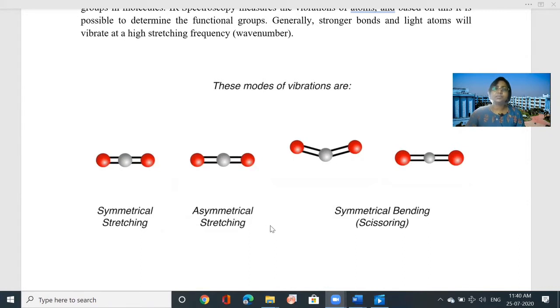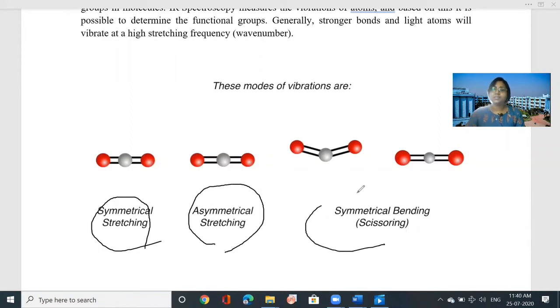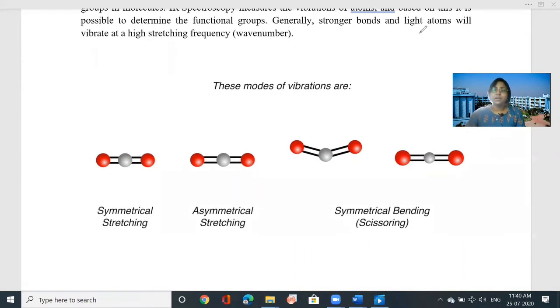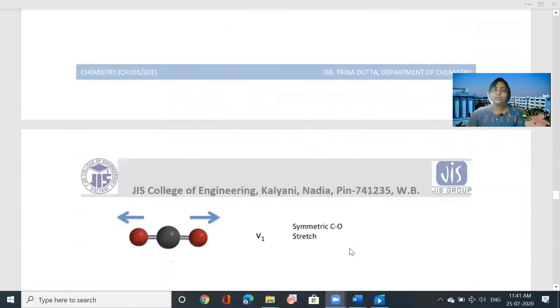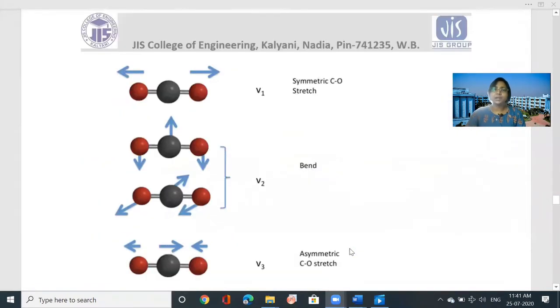Stretching is of two types, symmetrical and asymmetrical. Here you can see symmetrical and asymmetrical stretching, and bending. Now I will show you the video, so you can understand the stretching and bending, which one is symmetric and which one is non-symmetric for CO2.